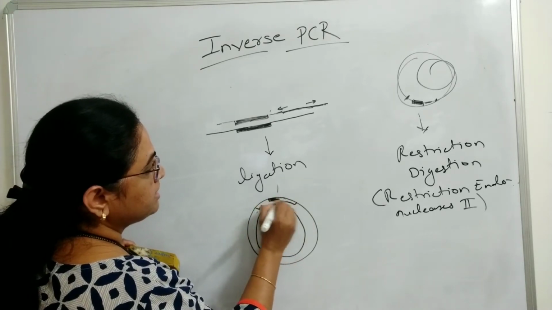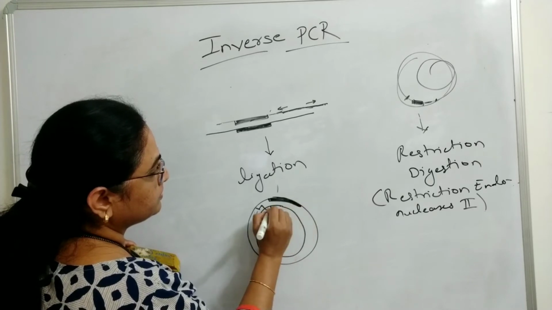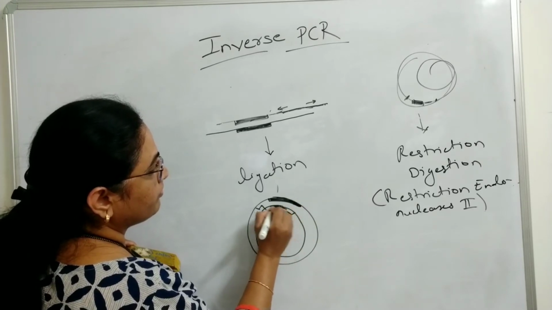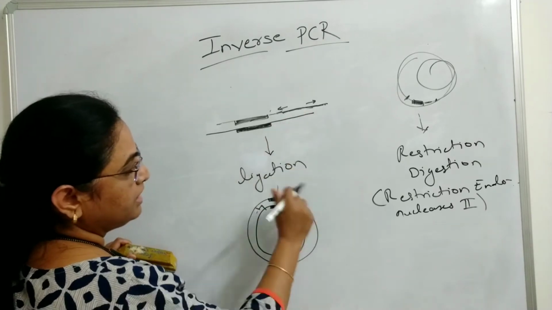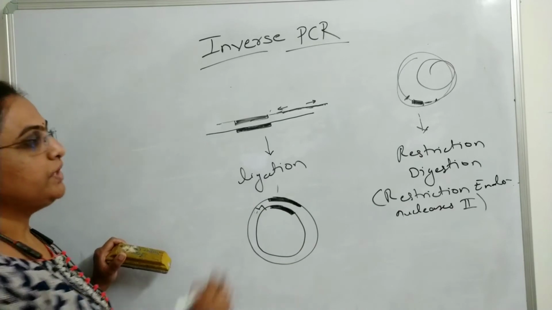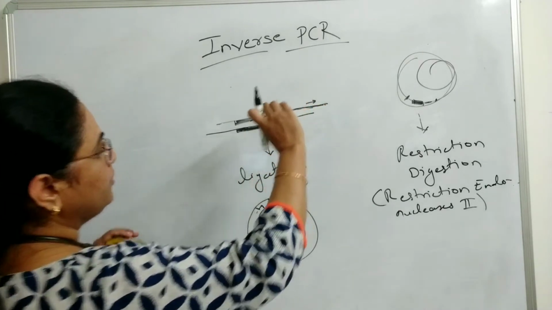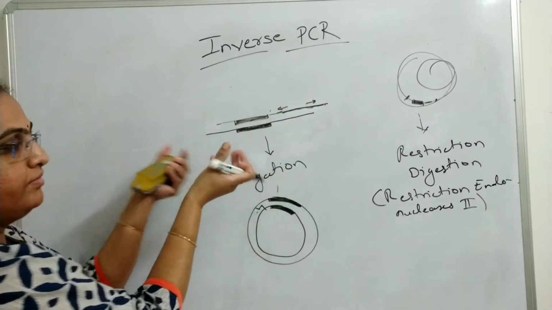So this is the unknown DNA, and the remaining is the known one. Now imagine this is going to circularize.